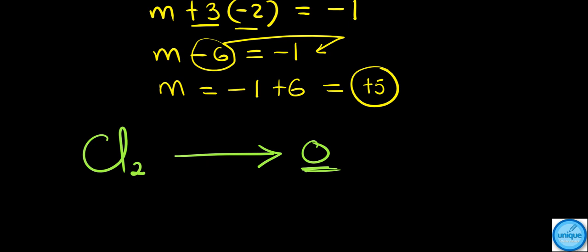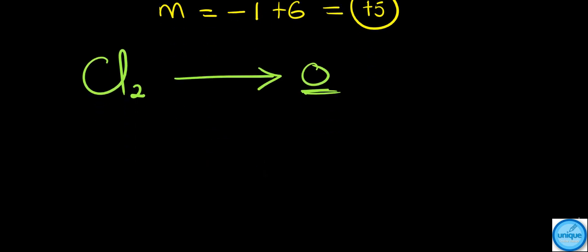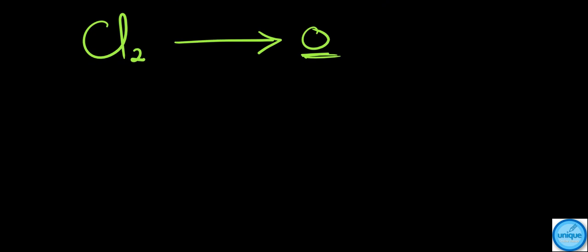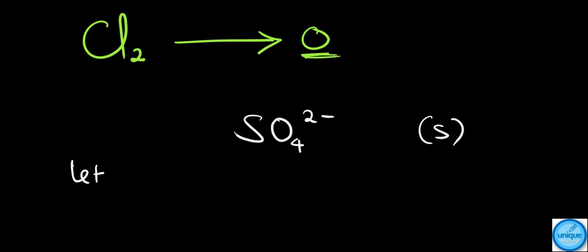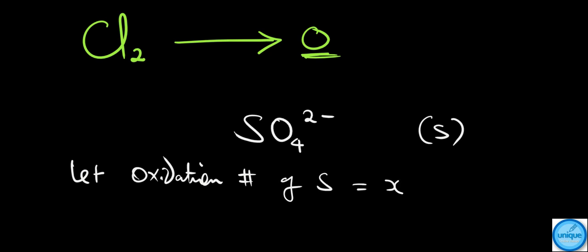I think let's now try the oxidation number of sulfur. We should find the oxidation number of sulfur in the sulfate ion. So just let the oxidation number of sulfur be x.